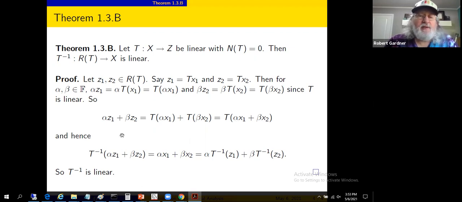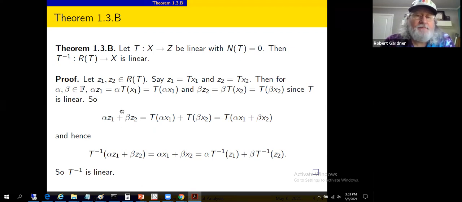T of this equals that. And we define the inverse mapping as when T of this equals that, T inverse of that equals this. In other words, T of this element of linear space capital X equals this element of linear space capital Z.